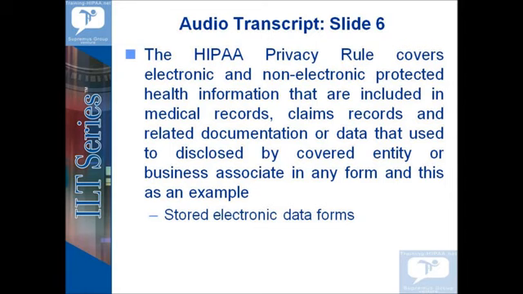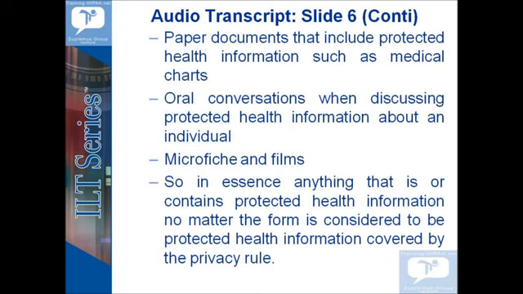As an example, PHI includes stored electronic information, paper documents that include protected health information such as medical charts, oral conversations when discussing protected health information about an individual, microfiche and films. So in essence, anything that is or contains protected health information, no matter the form, is considered to be protected health information covered by the Privacy Rule.